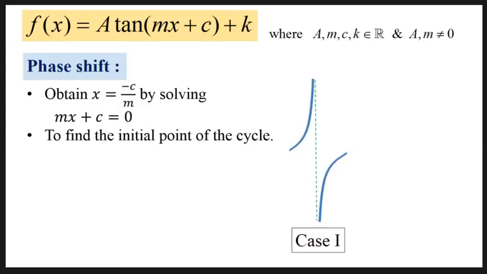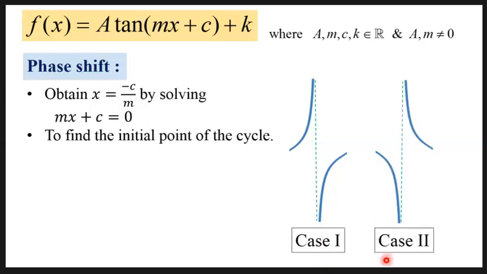We may have the graph of case 1 like this, or case 2, and both of these graphs are the tangent graph for one cycle. The initial point is the corresponding point for each case that I plot in red. This is the initial point we're going to use for reference in graph sketching later.